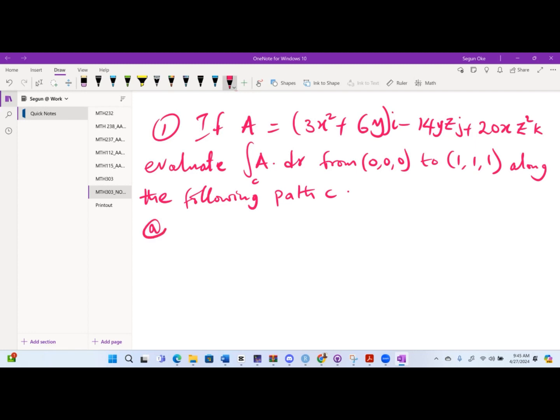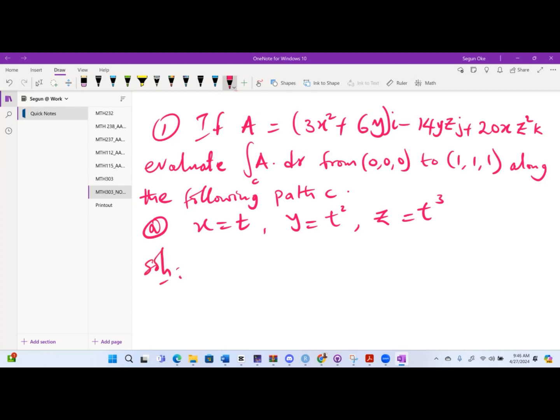Now, the part A aspect of it says x equals t, y equals t squared, and z equals t cubed. So let's solve this one first, and we use the same method to solve the second one.